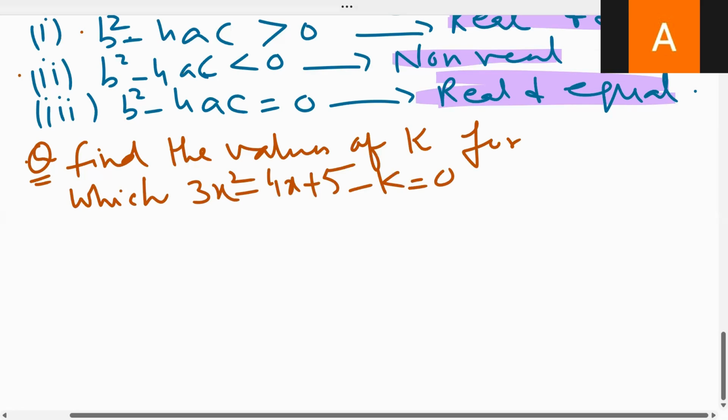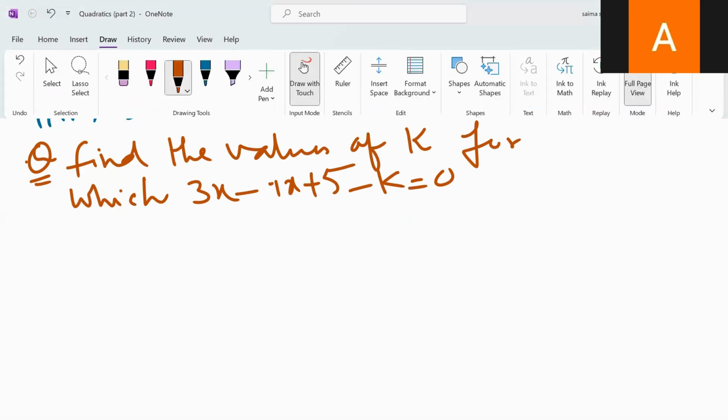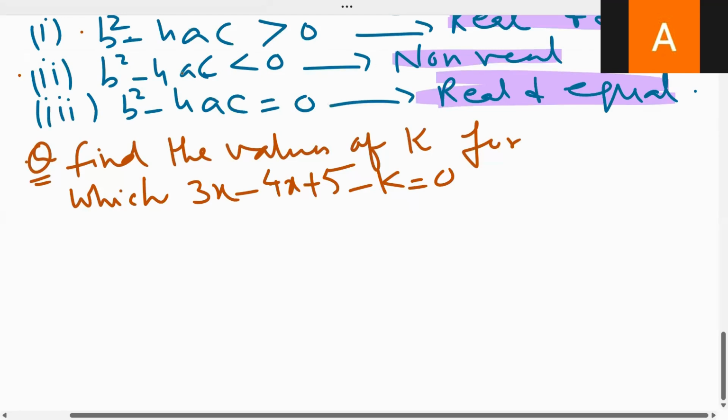So you see, this is the quadratic equation. And the condition given to you is values of k for which this quadratic equation has two distinct roots.